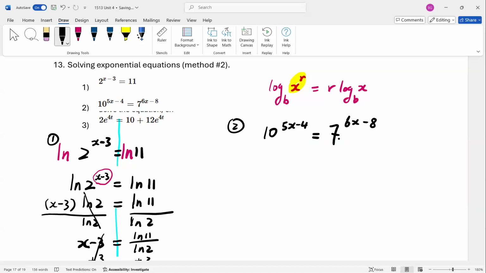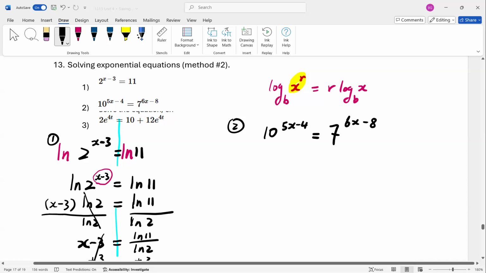All right, so this is an exponential equation. Variable x appears in the exponent. Left side is an exponential expression. Right side is also an exponential expression. Left side, the base is 10. Right side, base is 7. Not very convenient to write them as powers of the same base, right? So we consider using the second method.